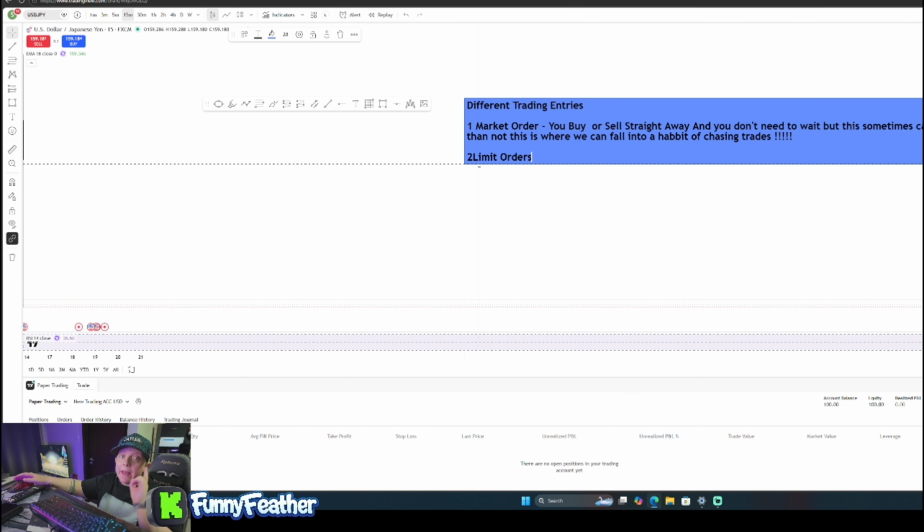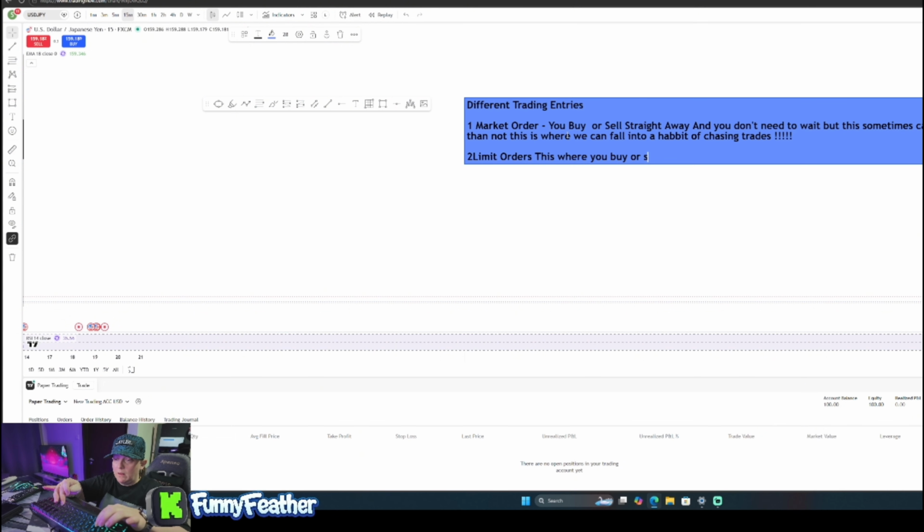Okay, now with limit orders, this is where you buy or sell at a specific point of entry. Okay, specific points of entry.